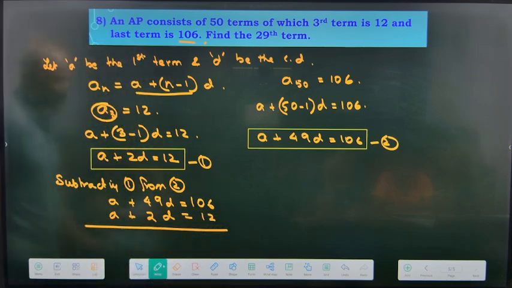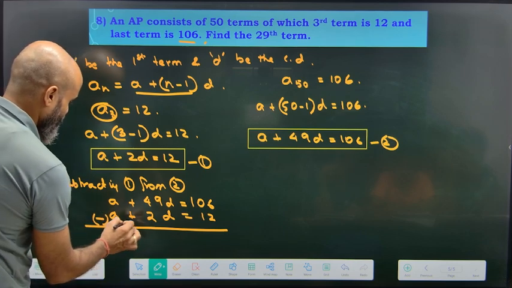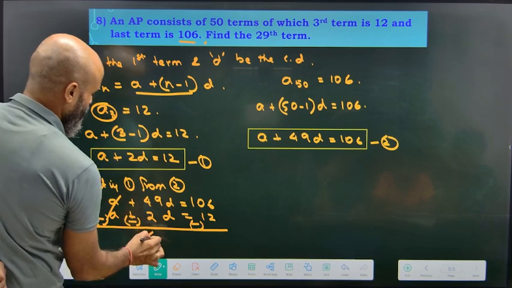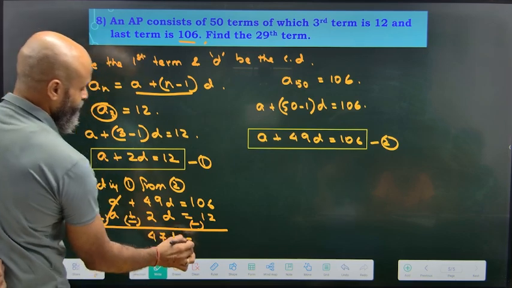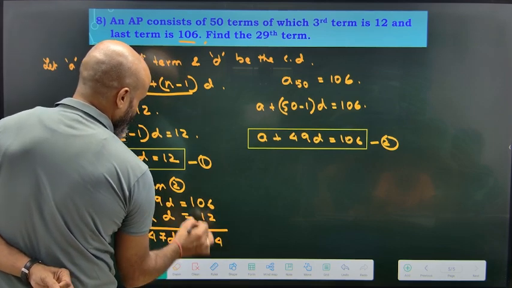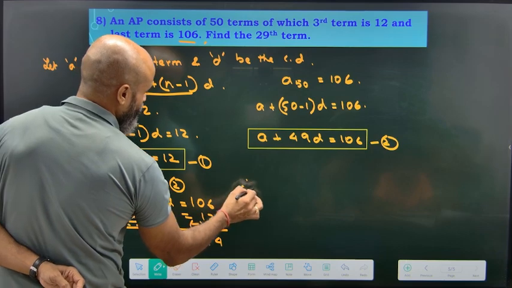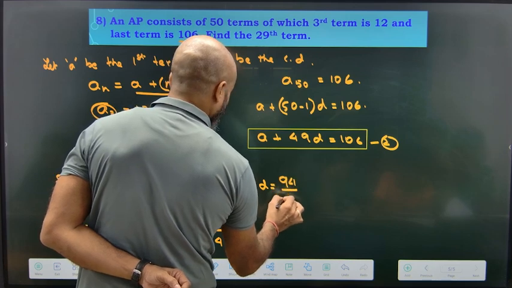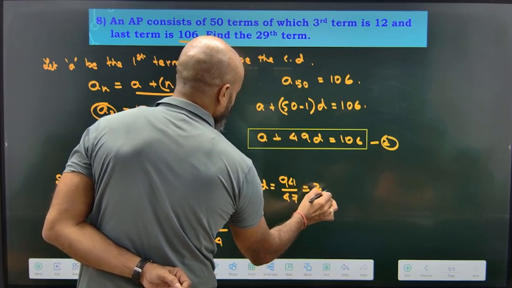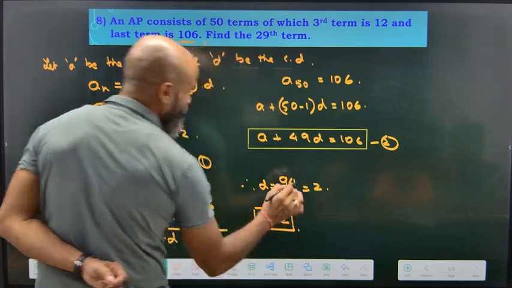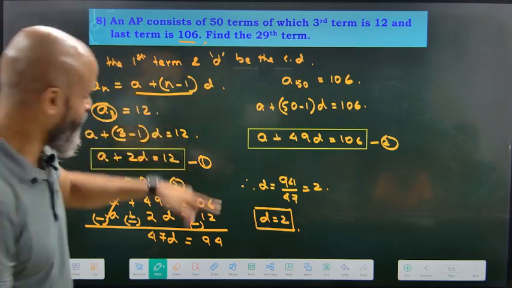If I subtract this, A gets cancelled. This is 47D is equal to 94. So therefore D will be equal to how much? 94 by 47. So this is 2. So D is equal to 2. Are we clear on this one? Now substituting the value in 1.